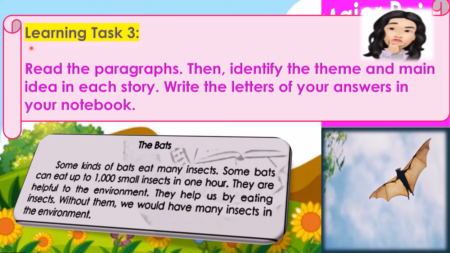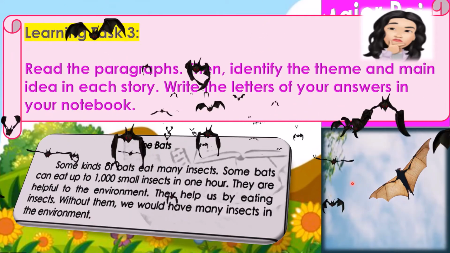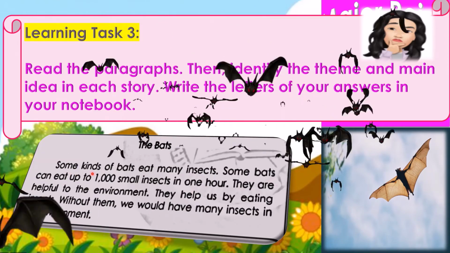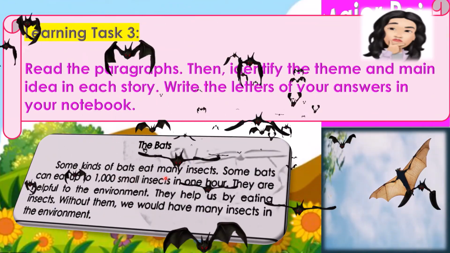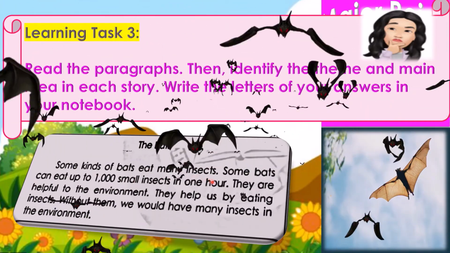Now let's try to answer learning task 3. Read the paragraphs, then identify the theme and main idea in each story. Write the letters of your answer in your notebook. The title of the story is The Bats. Can you see this picture? This is a picture of a bat. Some kinds of bats eat many insects.